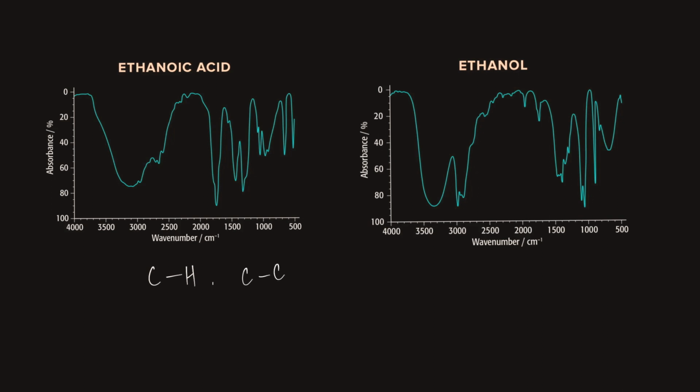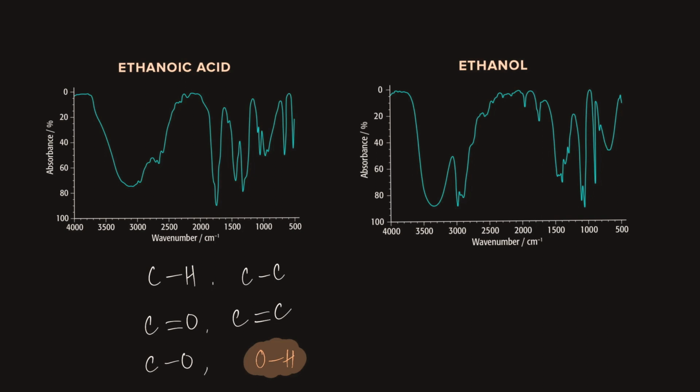So the important ones are going to be the carbon-oxygen double bond, the carbon-carbon double bond if it's an alkene, the carbon-oxygen single bond, which highlights that it's an acid or an alcohol, and the OH bond. Of these, the OH bond is going to be the easiest to see, just because of how wide it is.